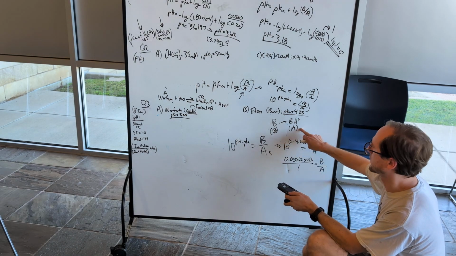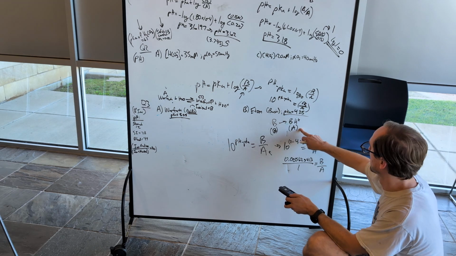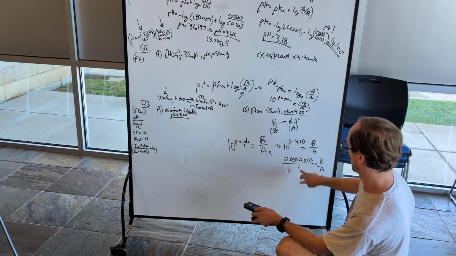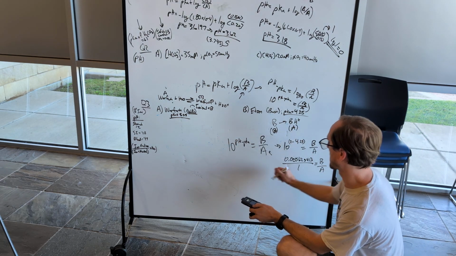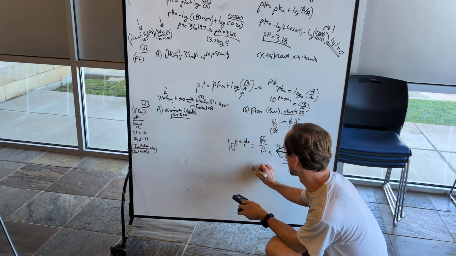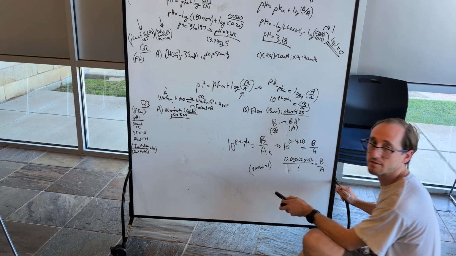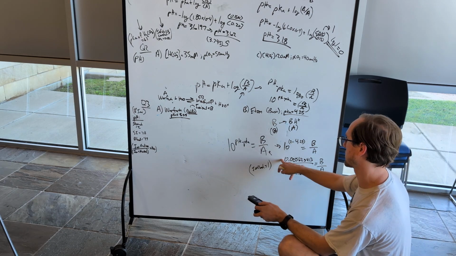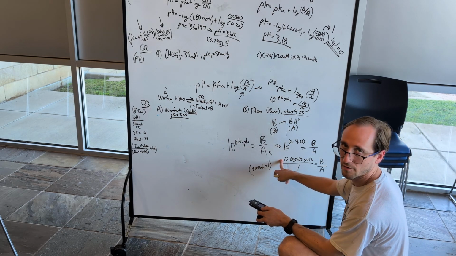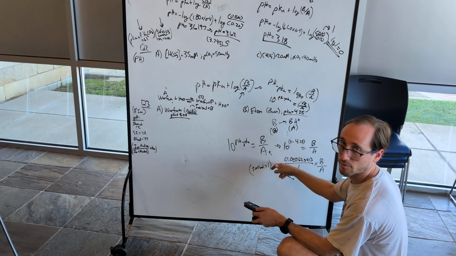But remember, we're looking for the ionized form. So the acid form is 1. So our ionized is equal to 1 in this instance, whereas our base form is whatever this is.